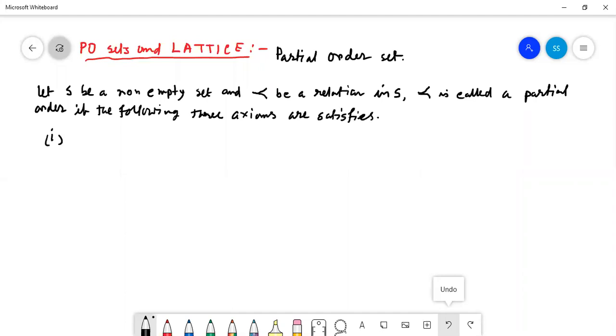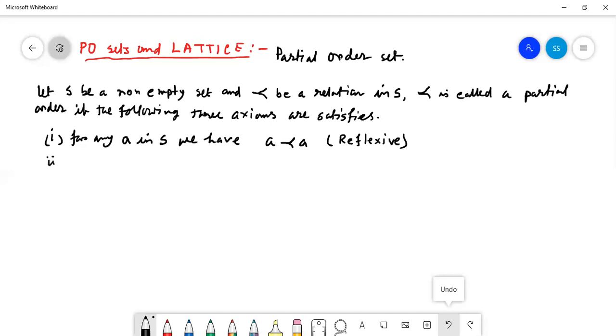Axiom number one: for any A in S, we have A related to A. This is called the reflexive relation.